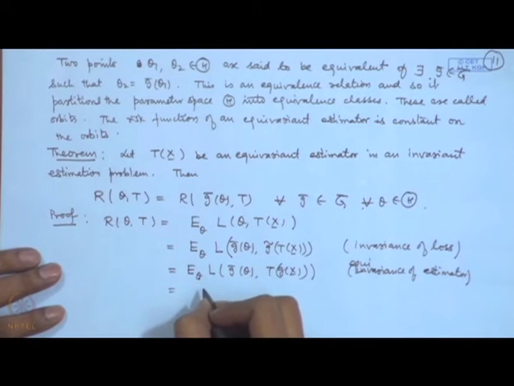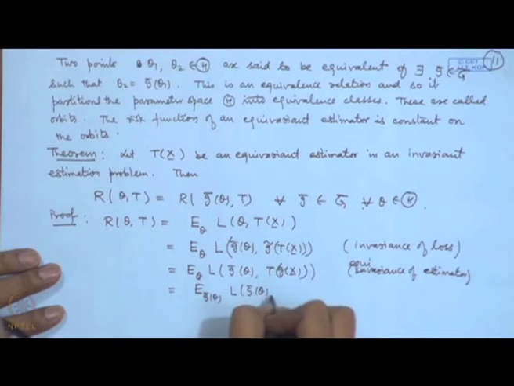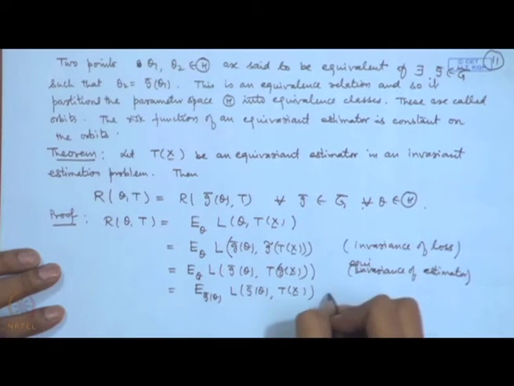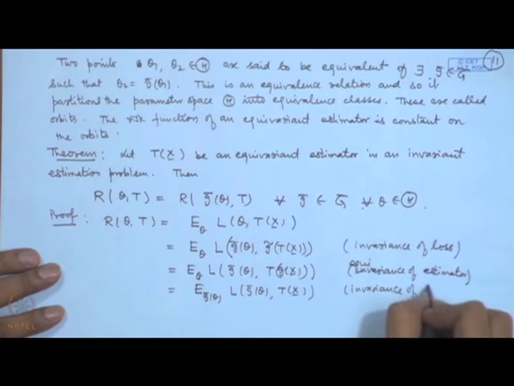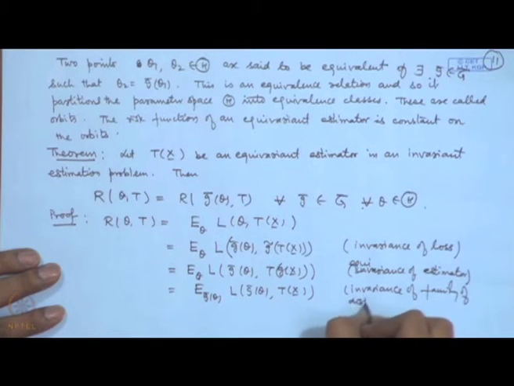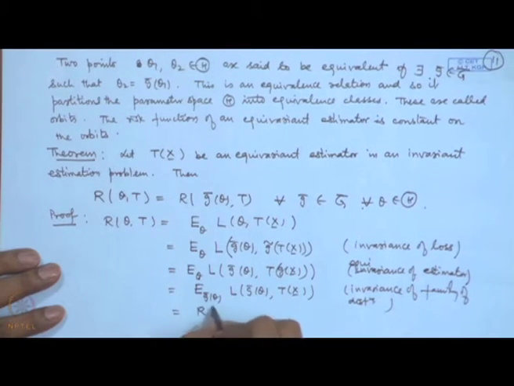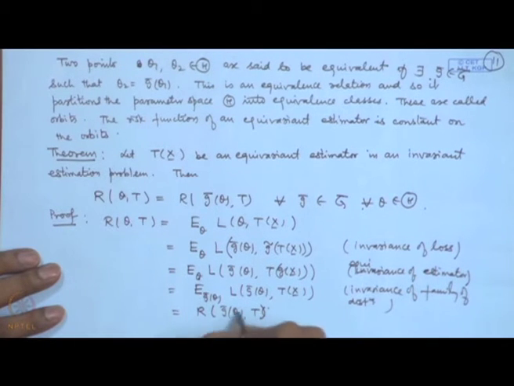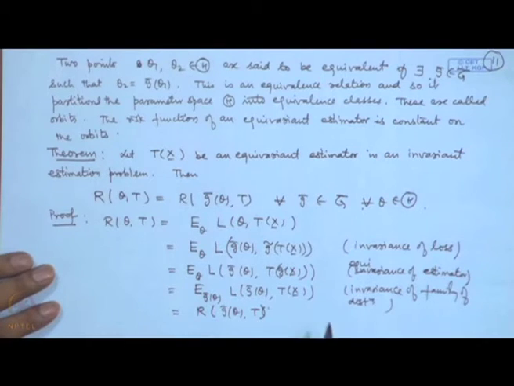So, we can express it as expectation under g bar theta of L g bar theta, T of x, that is invariance of the family of distributions. But this is nothing but the risk of T at the point g bar theta.